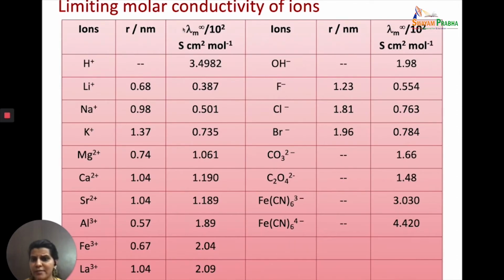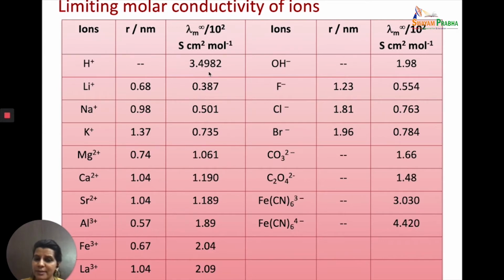Now let's look at the values of molar conductivity of ions. These are limiting molar conductivity values, that is, molar conductivity values at infinite dilution. Just see, you have H+ ion and you have lithium ion. Just see the difference. In the case of H+ ions, the value is 3.4982 into 10 to the power 2 in the units of Siemens centimeter square mole inverse, whereas for lithium it is 0.387 into 10 to the power 2.